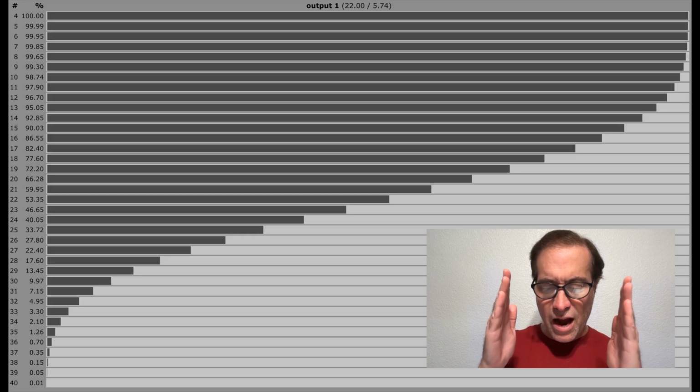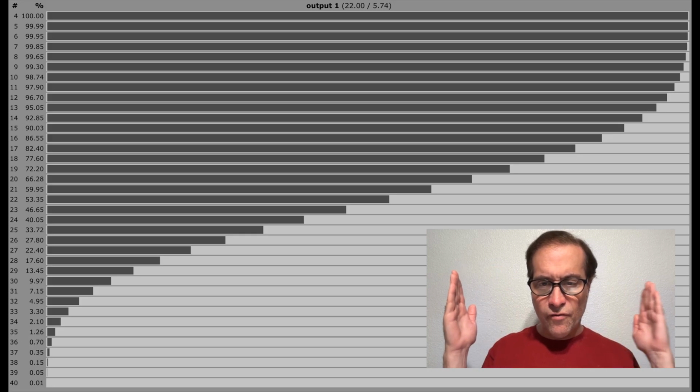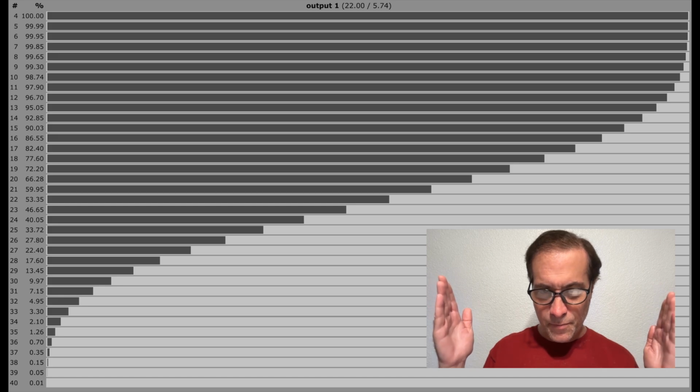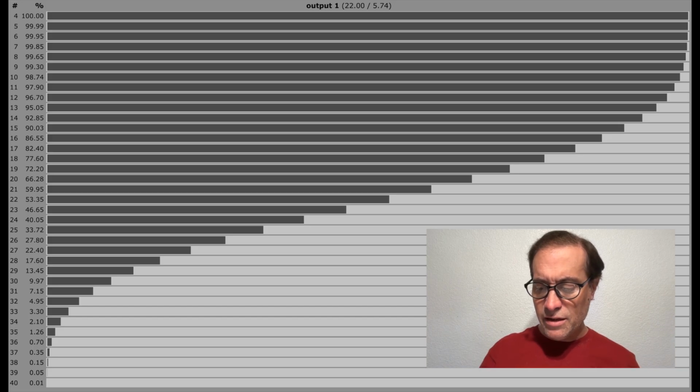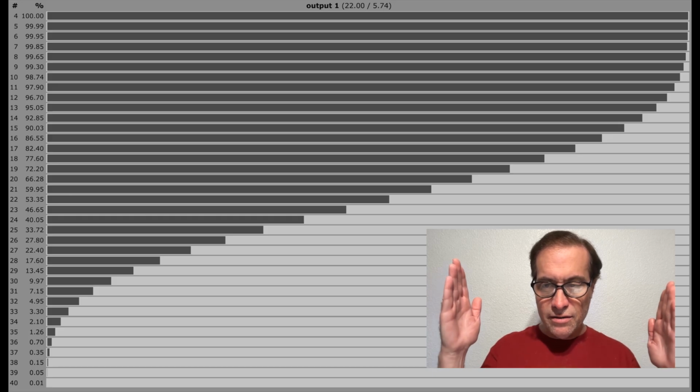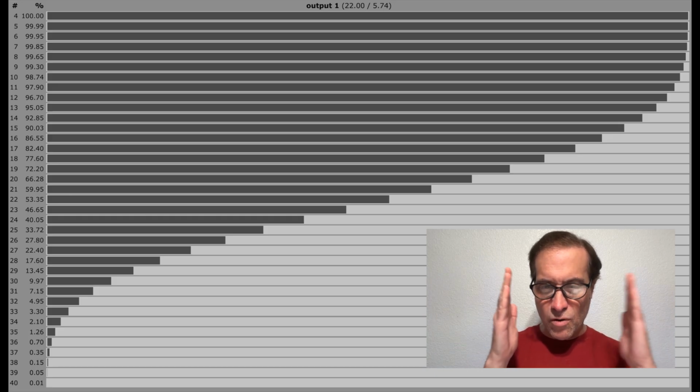Remember that the actual range is 4 to 40. All right? So this is really important to know, because it means that as the number of dice goes up, the range of probable rolls closes. Okay?